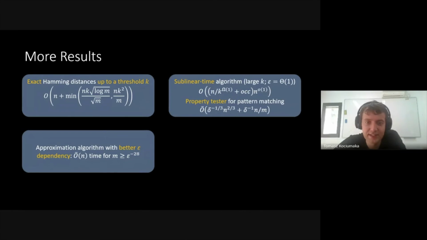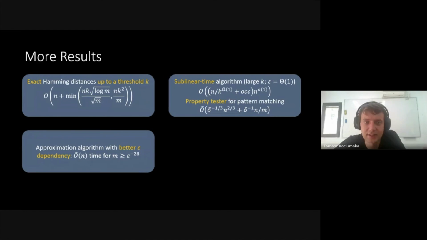We also observe that our main algorithm essentially doesn't need to read the whole pattern and the whole text, assuming that we only care for sufficiently large distances, and this leads to sublinear time algorithms for large k and constant epsilon. And there we also need to use techniques such as near neighbor search in order to locate the occurrences.